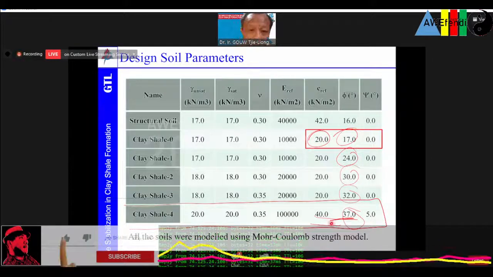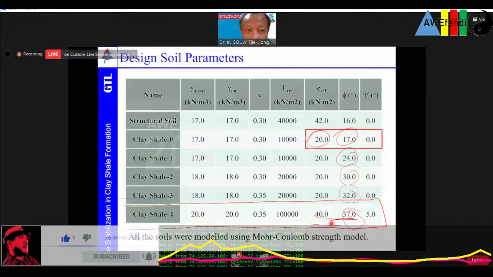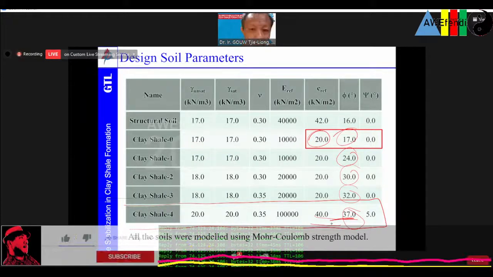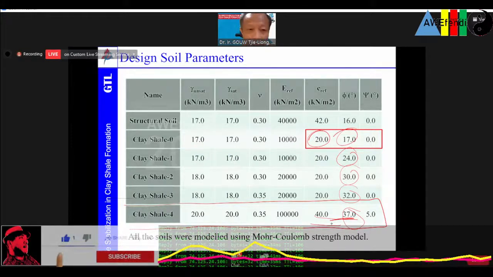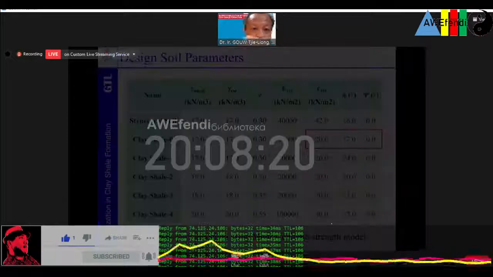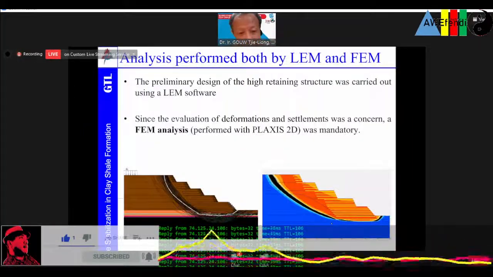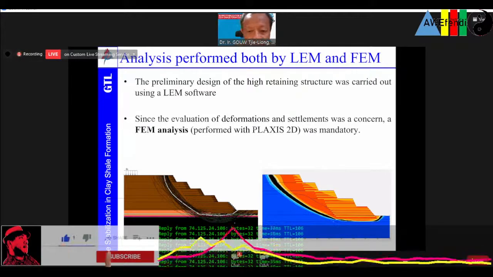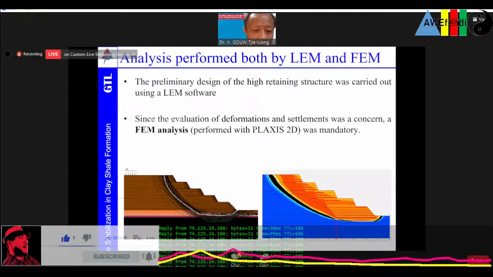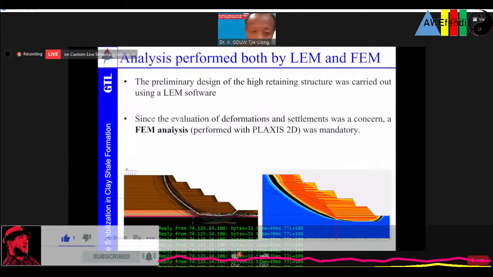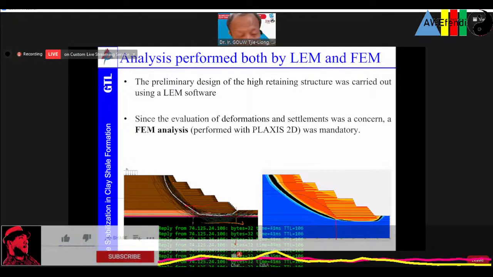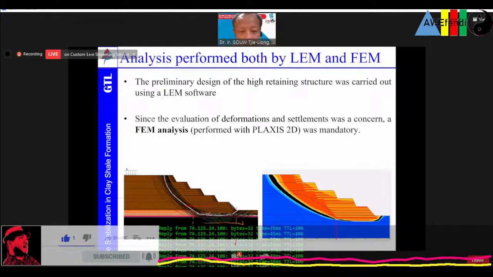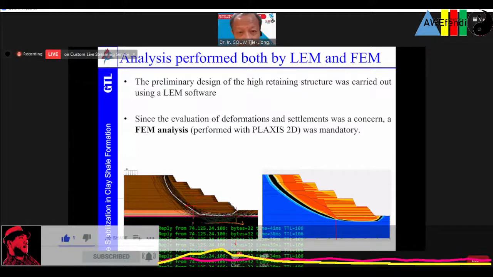So these are the values that I took for the design, and the analysis were carried out by limit equilibrium method and also by the finite element method. For the preliminary design, because it is faster in doing so, to get the length of every layer, and the strength of every layer of the geosynthetic that we took, we use the limit equilibrium software at the first preliminary design stage.